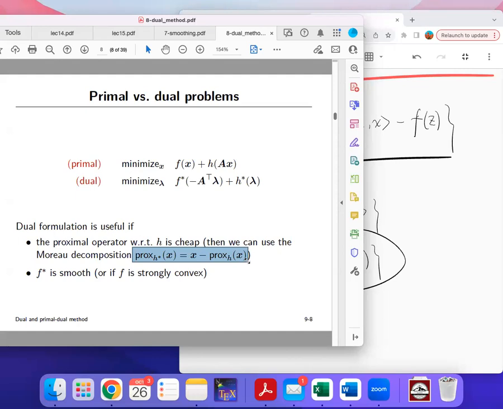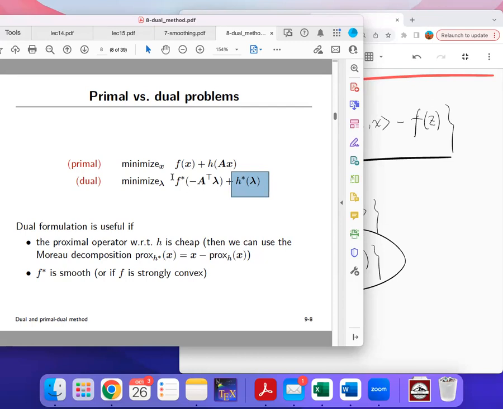The proximal mapping of H star equals x minus the proximal mapping of H. So essentially, if the proximal mapping of H is very cheap, very simple, then we can also compute the proximal mapping of H star very easily. So sometimes, this H star in the dual form is very easy to handle using the proximal gradient method.